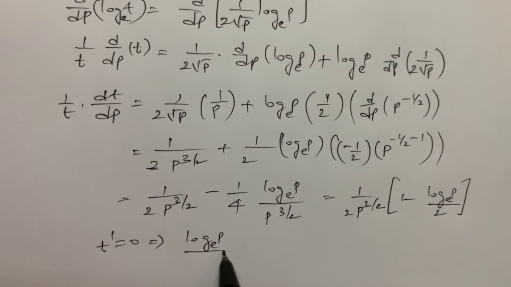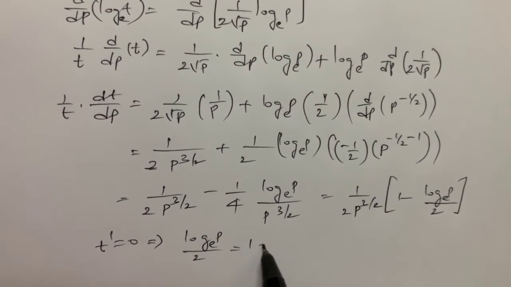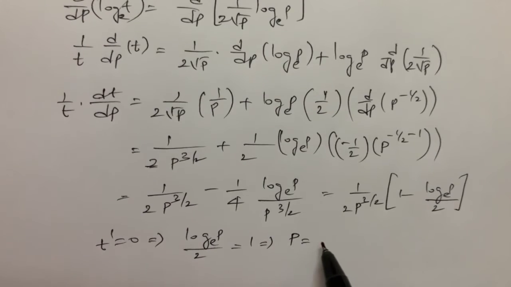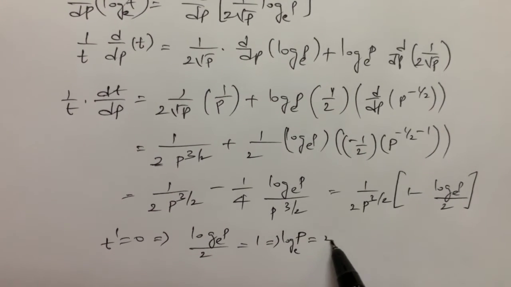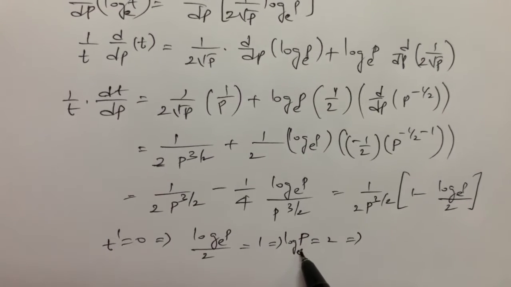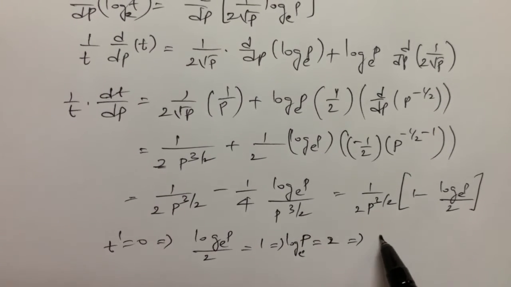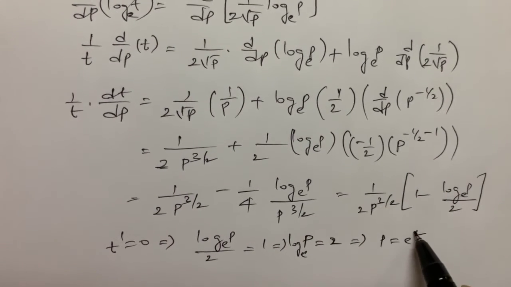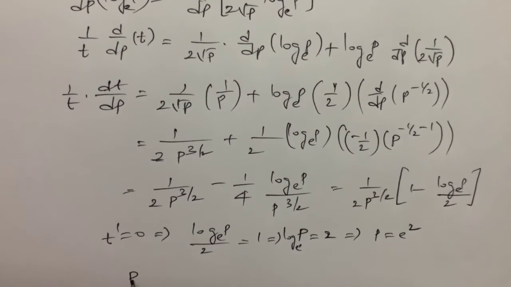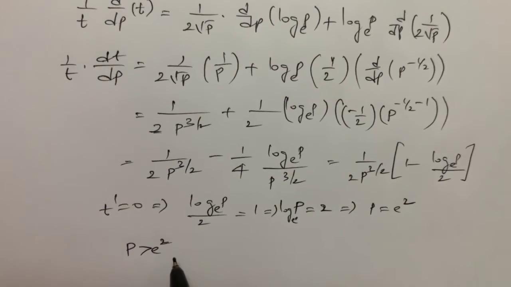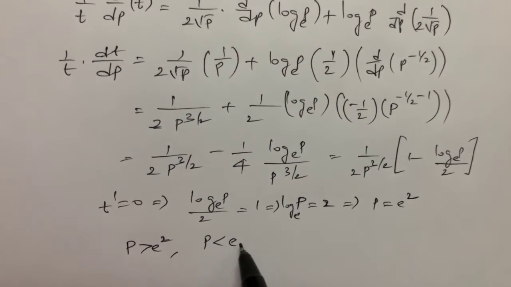log p base e by 2 is equal to 1. So log p to the base e is equal to 2, so p is equal to e square. We have to see what happens when p is less than e square.